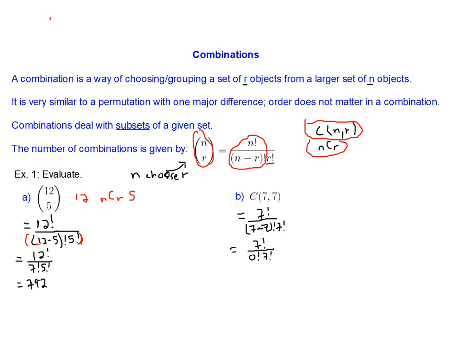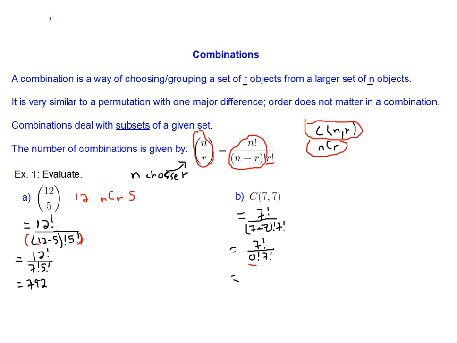Just a reminder that 0 factorial is equal to 1. That's by definition. So what we end up with then is 7 factorial divided by 1 times 7 factorial. 1 times 7 factorial is just 7 factorial. 7 factorial divided by itself, we get an answer of 1.